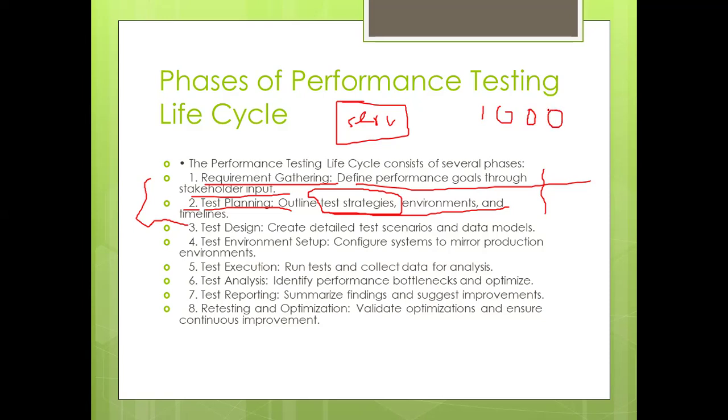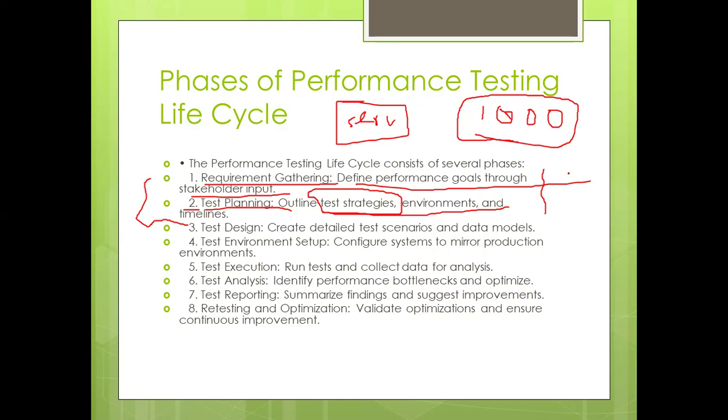If I don't know how many servers there are, how many app servers, DB servers and load balancers, then when I do this testing, there is a chance the server may crash. Why? Because we are testing without proper knowledge of the design of the application.